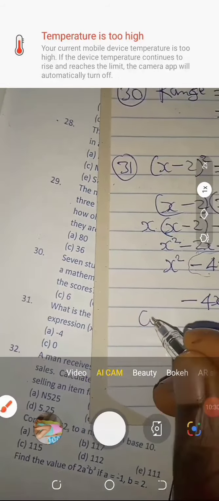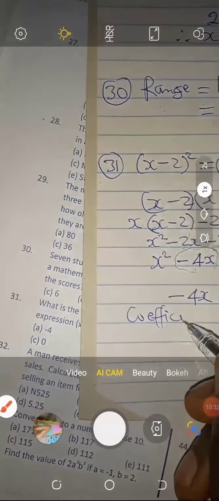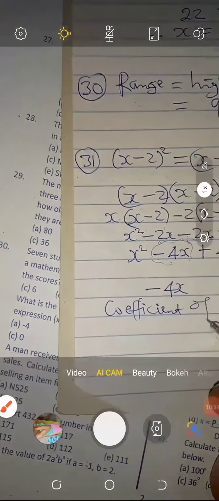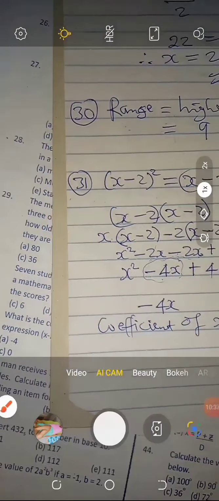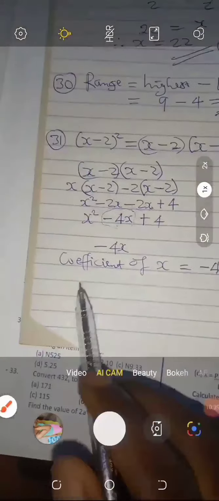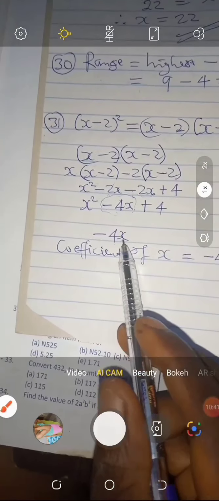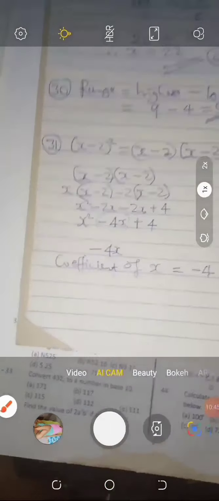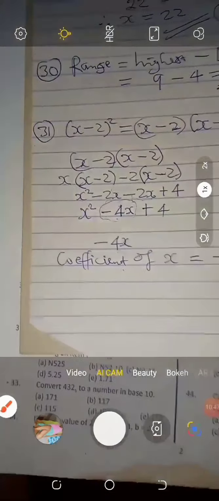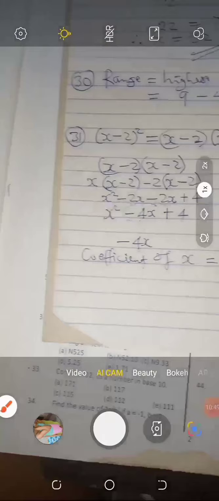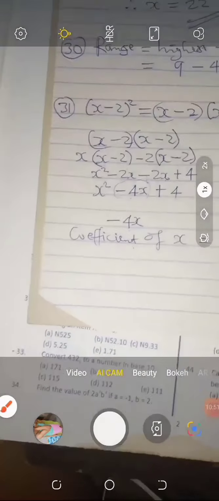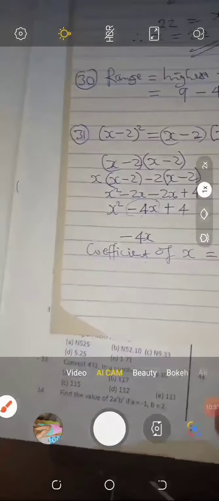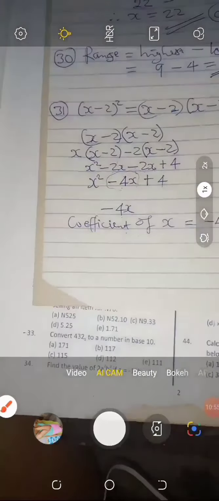So the coefficient of x will be equal to minus 4. Why? Because minus 4 is the number behind x. That is what is meant by coefficient. The number behind a variable becomes the coefficient of that variable. Remember, I told you we have variables. Your variable x may be 4 in this equation, and in another equation may be 5.